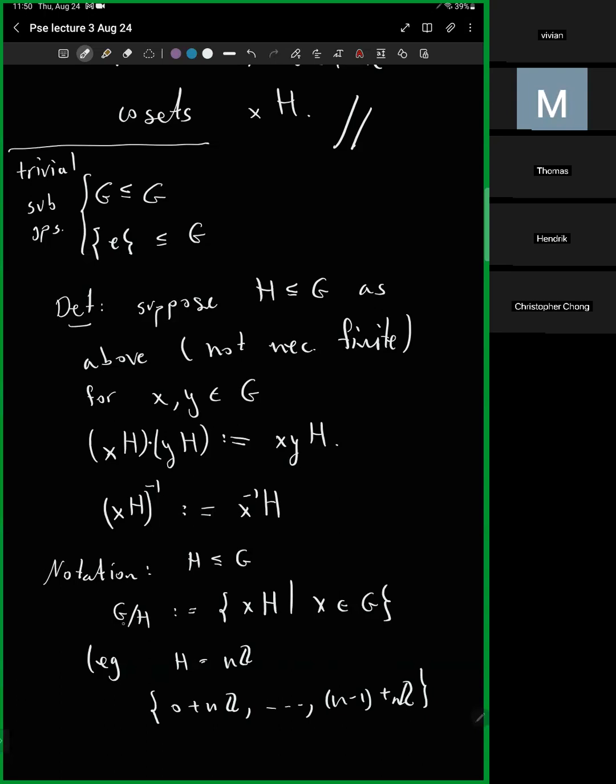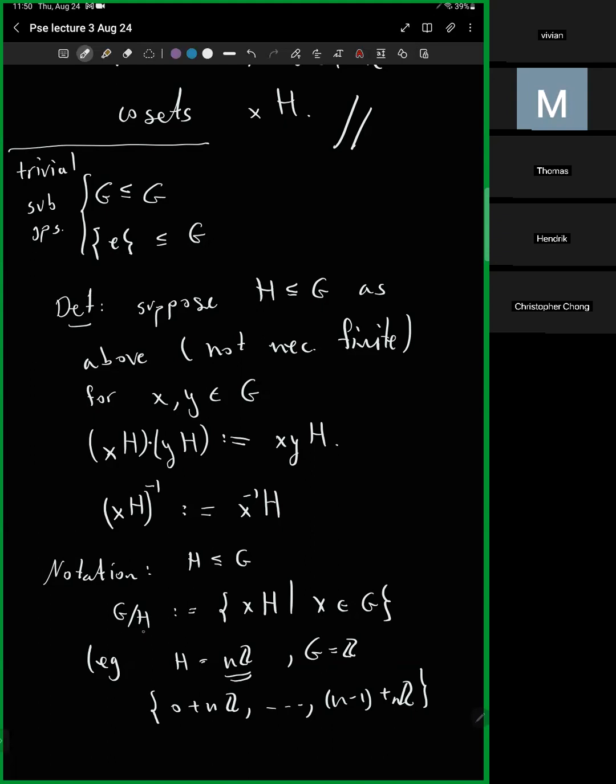So it is like I took the integers, and if I divided by the subgroup of all integers that are multiples of n, I got something similar to the integers modulo n.